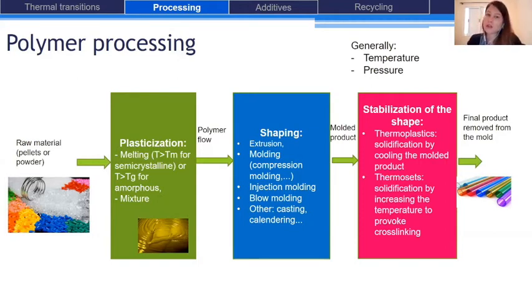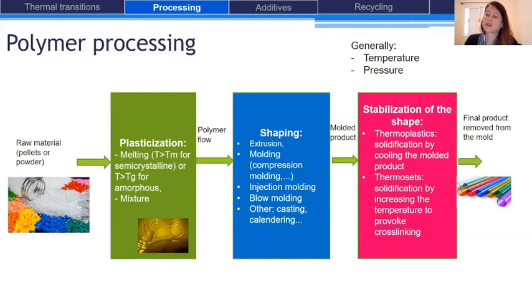In the case of thermoplastics, solidification will be obtained by cooling the molded product, below the melting temperature in the case of semi-crystalline polymers, or below the Tg of amorphous polymers. Whereas in the case of thermosets, the shape will be stabilized through the chemical reaction that will create cross-linking.